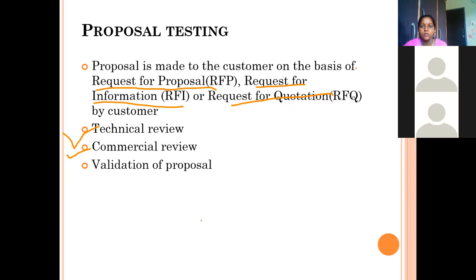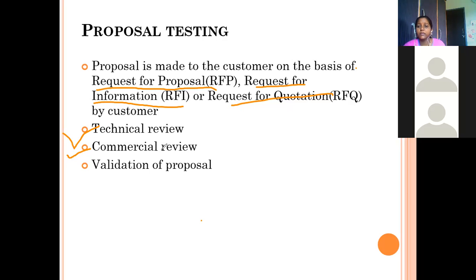So now we were looking into the commercial review, isn't it? So commercial review. The proposal will undergo financial feasibility and other types of feasibilities involved with respect to the business.